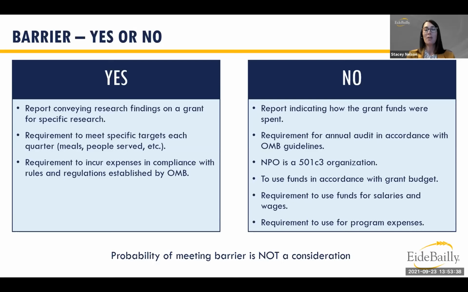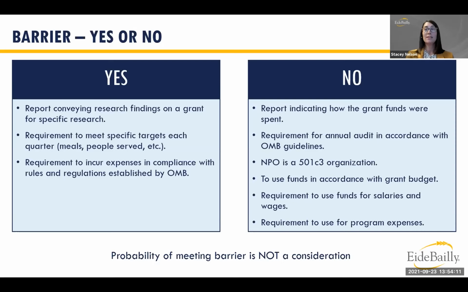Flipping back over to no, our second bullet point, we've got the requirement for an annual audit in accordance with OMB guidelines. Again, that doesn't really relate to the purpose of the grant. The nonprofit being a 501(c)(3) is really administrative, not necessarily related to the purpose. The requirement to use the funds in accordance with the grant budget, to use funds for salaries and wages, or to use them for program expenses are very generic in purpose and therefore would not be indications of a barrier.